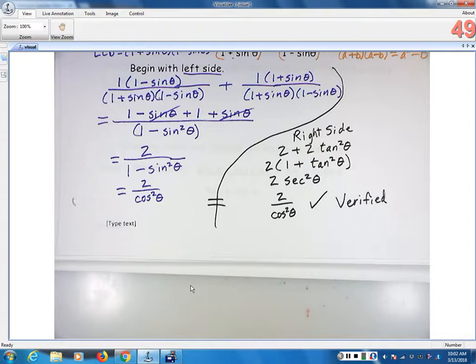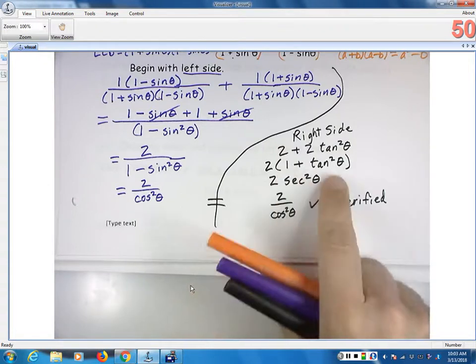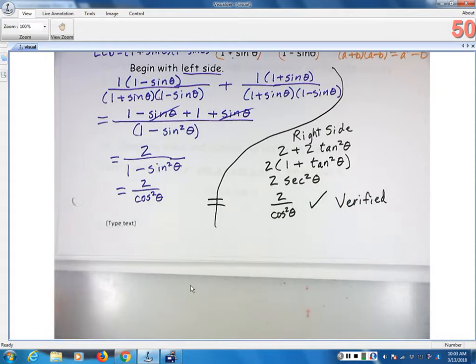Okay. So, yeah, there's many different ways, and you can go around in circles, and you can get back to your original thing, and have no idea why. So, you're trying to reach a common goal, and have your identities in front of you, and be looking at them. That was a perfect identity to use there.